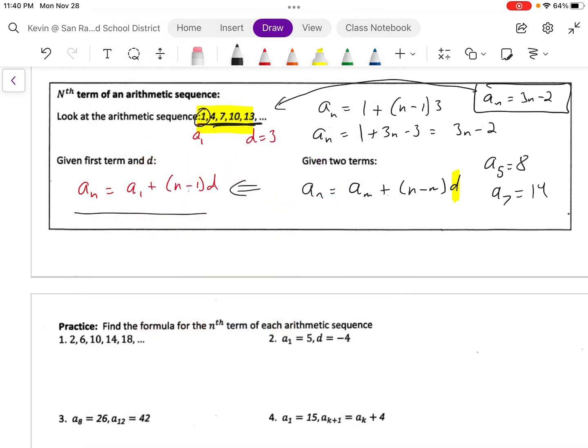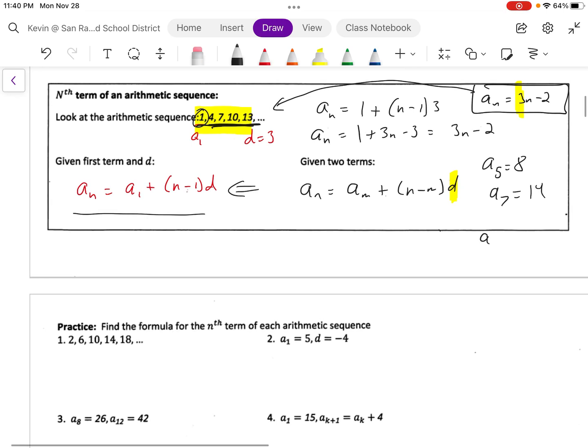So to find d, ultimately it's the slope of our linear equation. So to find d, if we have just two terms, we're going to take a sub n minus a sub m divided by n minus m.